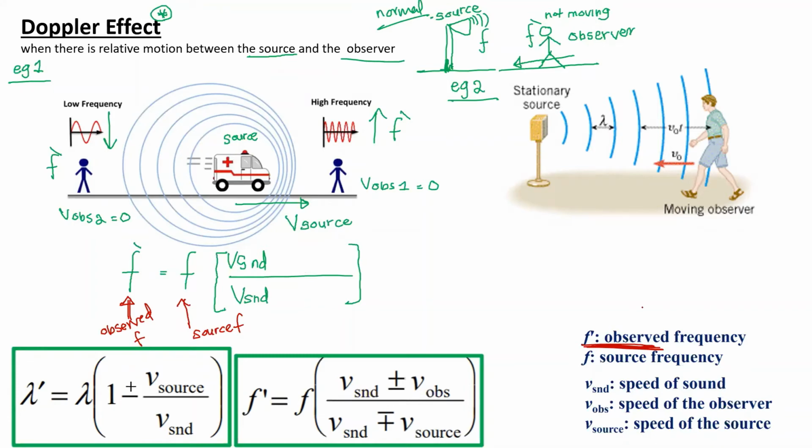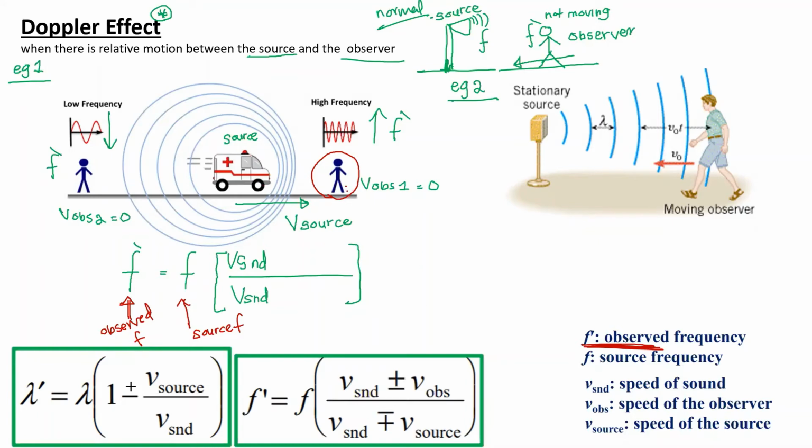And V sound is the velocity of sound. Okay, so here, what is moving? So let's consider this guy. For this one, frequency is going to increase, right? Because the source is coming towards him.